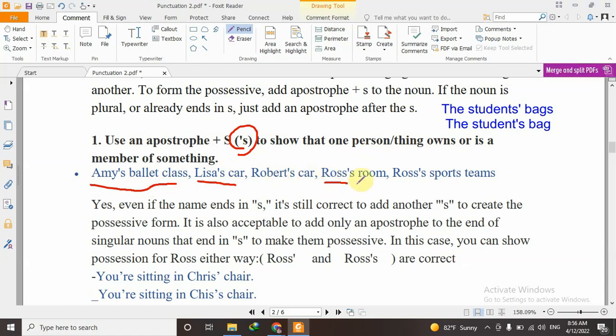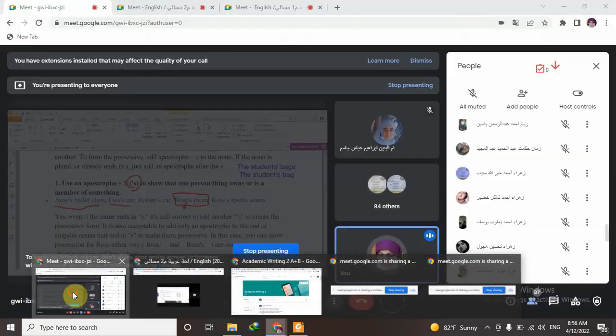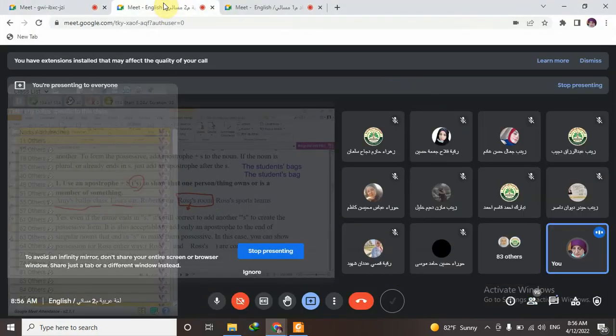Now within Rose's room, the word actually ends with s, double s. We have two ways of writing this case.